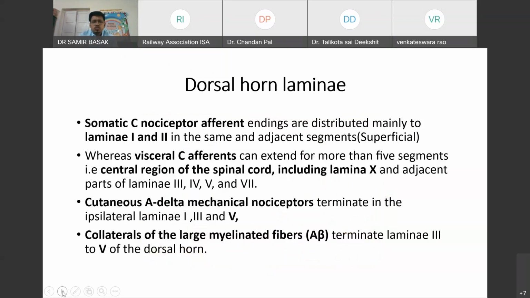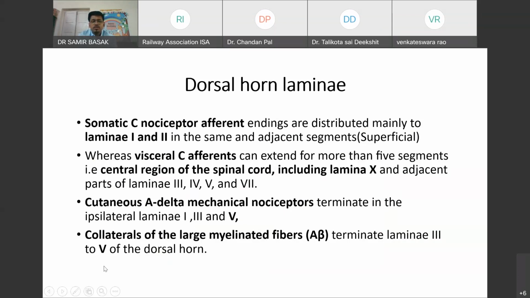Sensory C nociceptive afferent endings are distributed there, and visceral afferents go to lamina X, the central region of the spinal cord, and adjacent parts of 3, 4, 5. Okay, visceral C fibers. Cutaneous A delta mechanical nociceptors also end mainly in lamina 5, and laminae 1 and 3. And collaterals of the large myelinated A beta fibers also end in lamina 5.